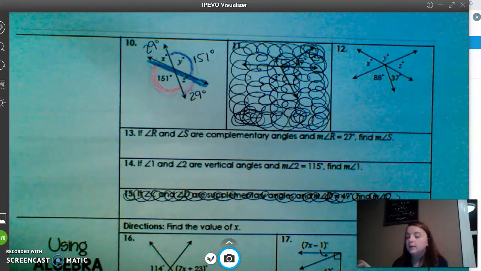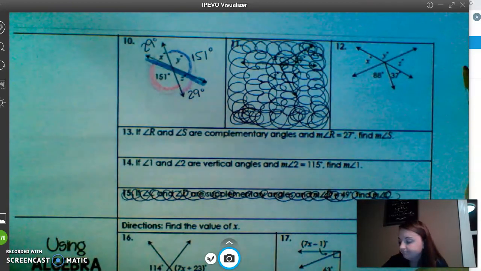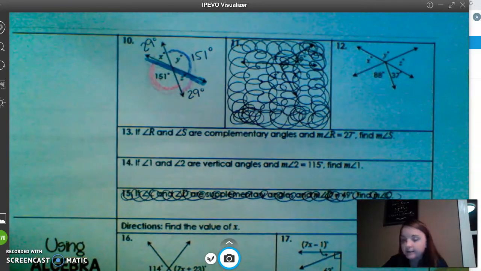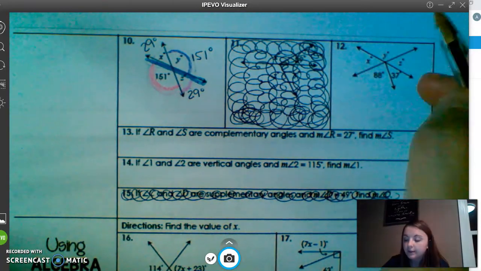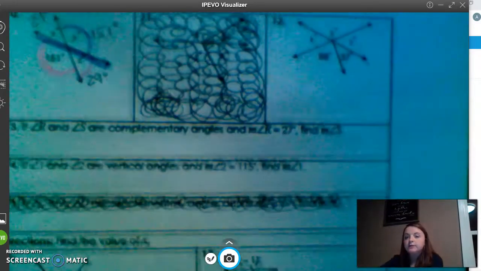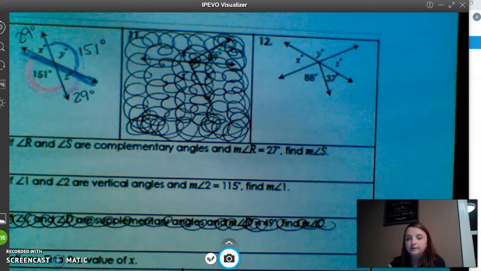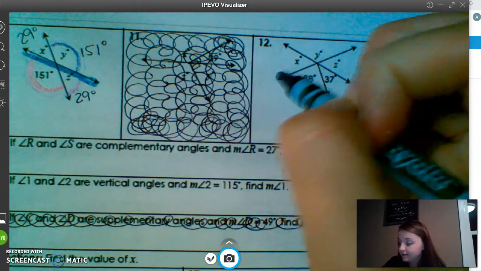Okay, so number 12. Goodness, there's a lot of different things here you could do. Well, I'm going to go with a straight line. I'm going to zoom in actually first. So number 12, I'm going to go with a straight line. A straight line I know exists.